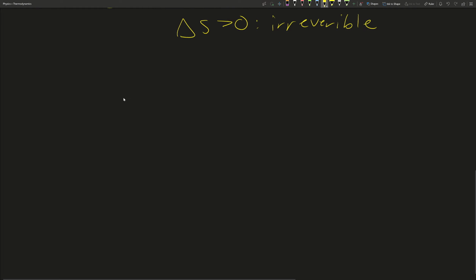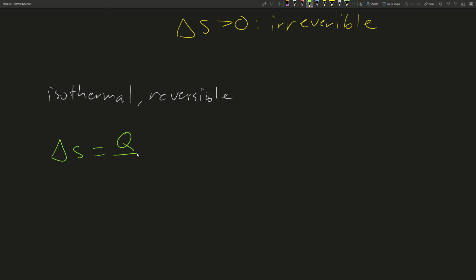So let's try to mathematically define what entropy is. We can say that for a process that is isothermal and reversible, we can define the change in entropy as delta S is equal to Q over T, where Q is heat and T is temperature.